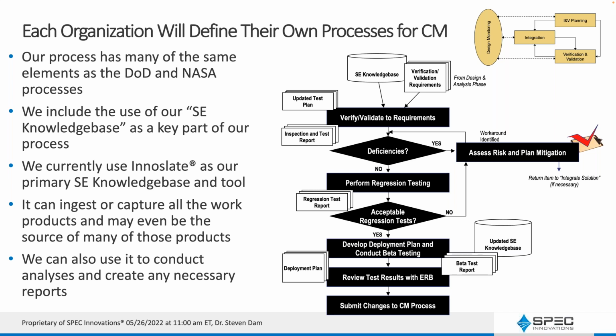But it focuses on the idea that you have design monitoring going on continuously, integration, planning happening. Of course, hopefully that happens early, but it gets updated as you go through the process. And then of course your V&V itself. And so the process for V&V is the diagram that I'm showing here.